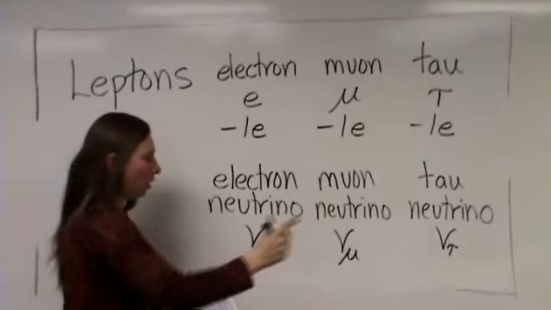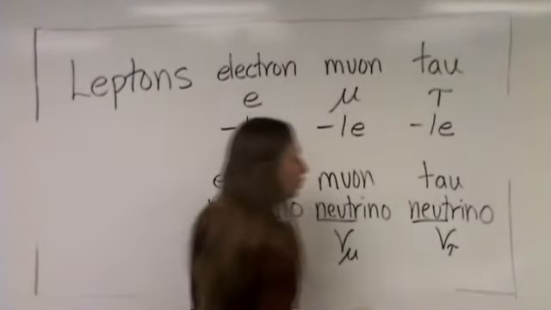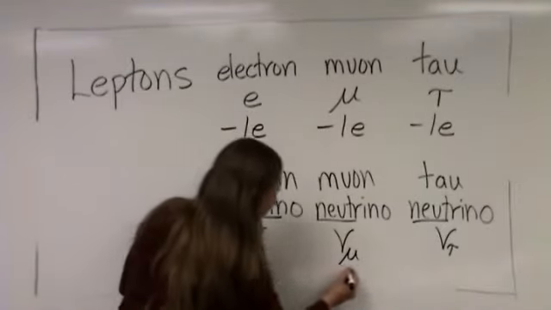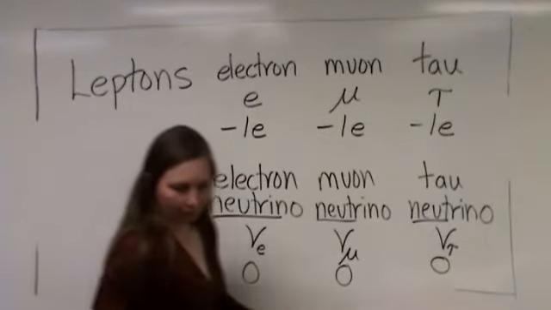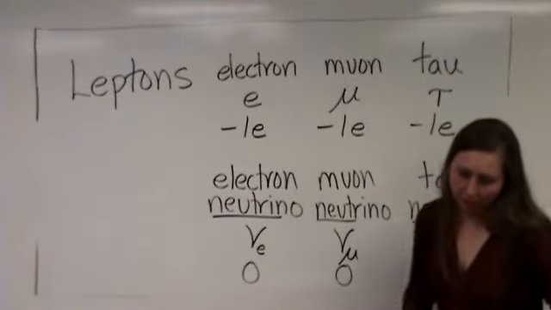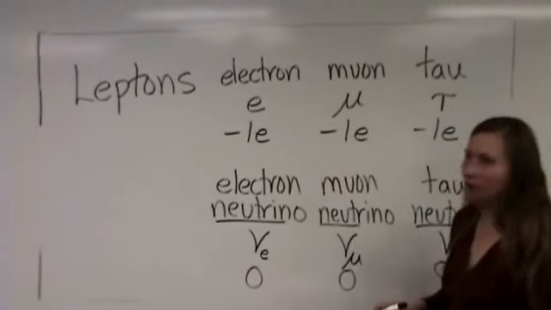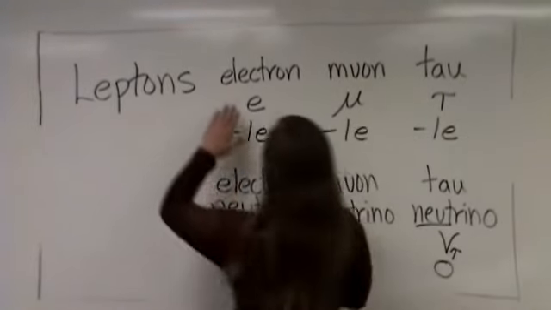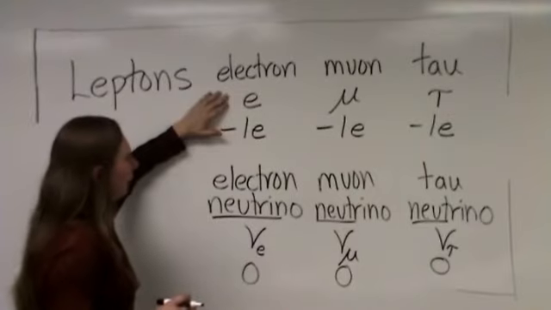The neutrinos, as their name states, are neutral. The charge is 0, 0, 0. That's about all that we have to say about the leptons. Keep in mind that our old friend the electron is the most common lepton.